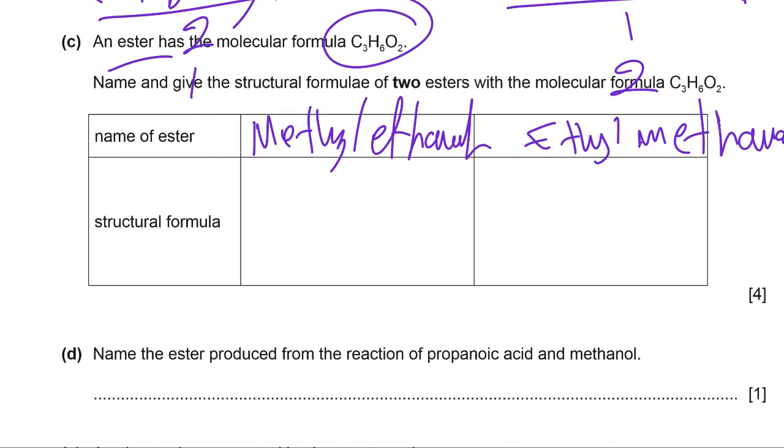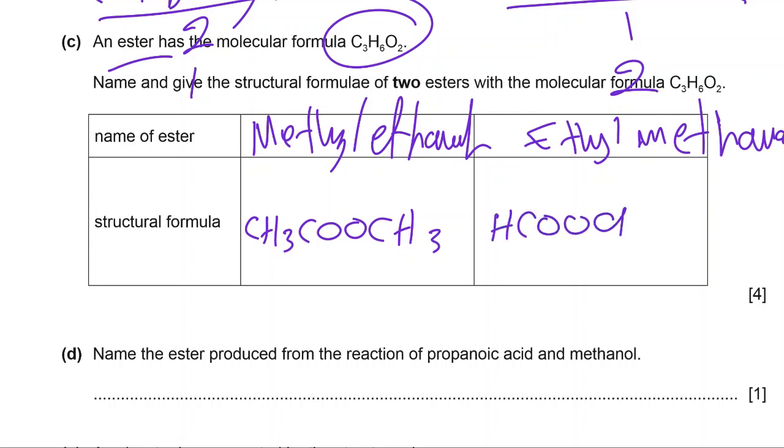The structure, so you need to start with ethanoic acid, the part of the ethanoic acid. So here you have CH3COOCH3. But for this one, you need to start with HCOOCH2CH3.